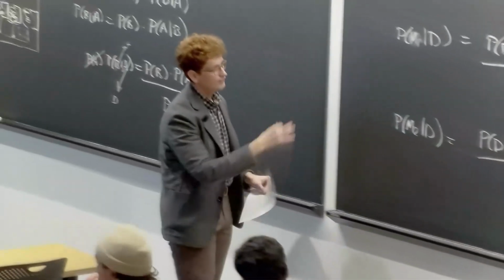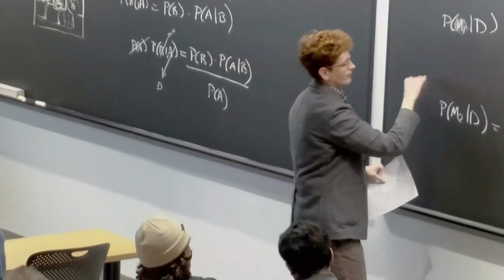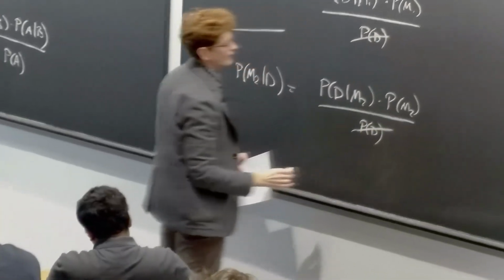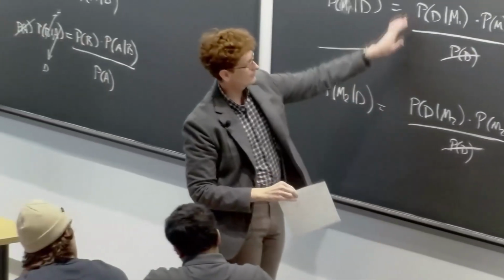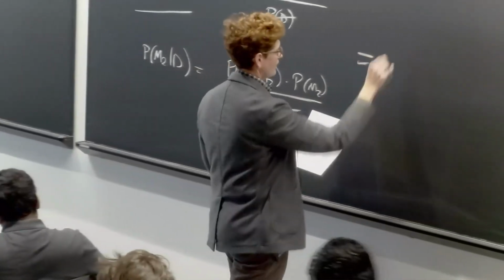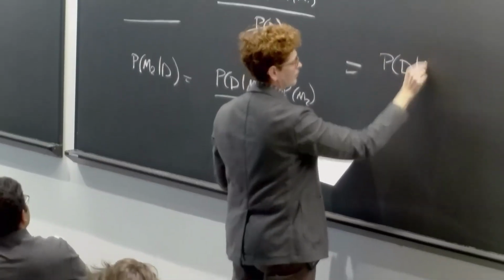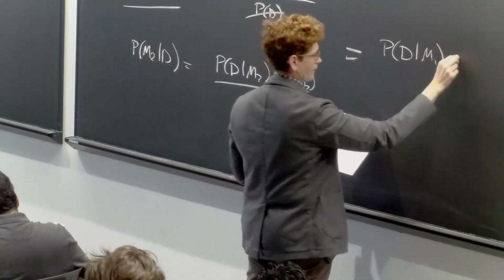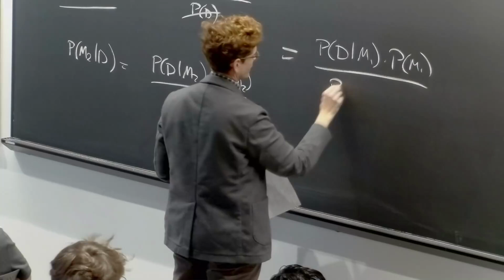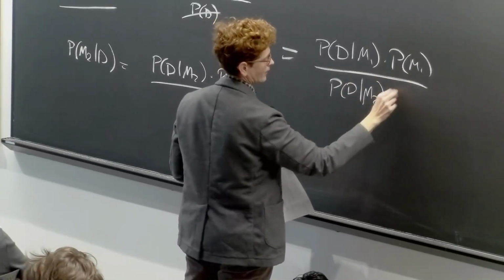And we can just divide these two equations. These terms cancel, right? Let me just rewrite this here, make it a little bit cleaner. This is equal to the probability of the data given model 1 times the probability of model 1, divided by the probability of the data given model 2 times the probability of model 2.